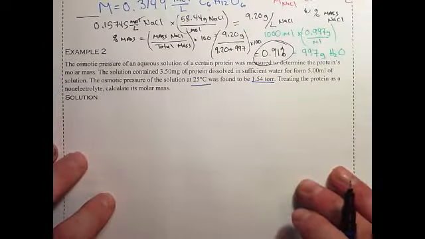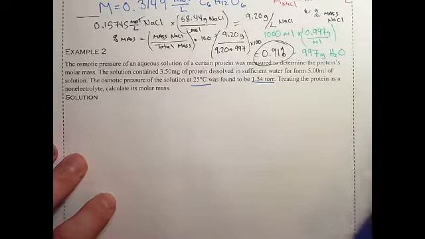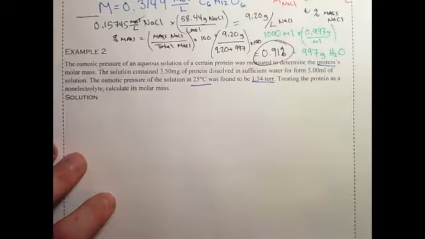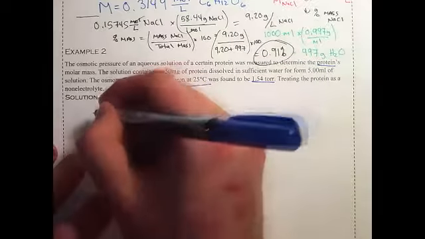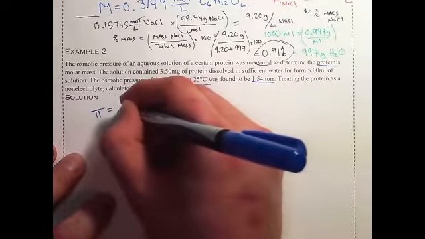A little bit of biology knowledge comes across: I know that proteins have huge molar masses. They are very big molecules that can have thousands of atoms in them. So we're expecting a pretty big answer here with regards to what we normally see for molar mass. But we start with the same basic question.